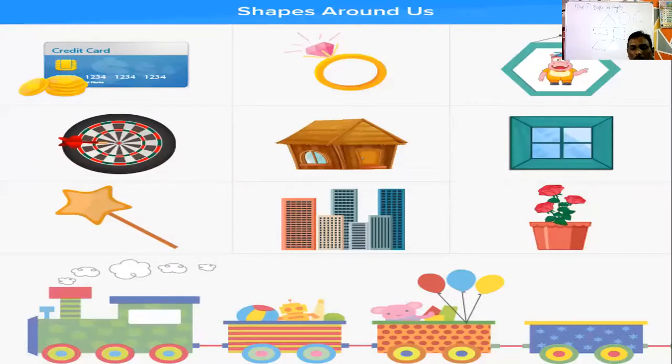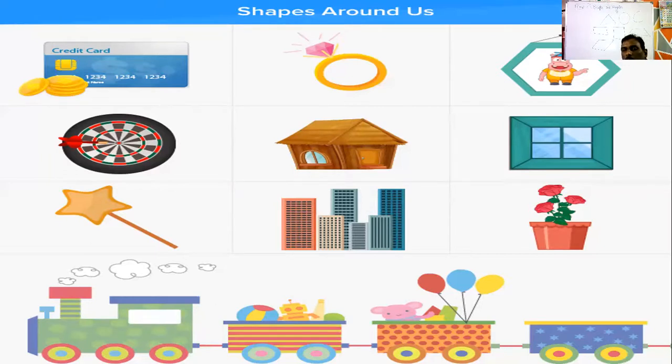See, in day-to-day life, the different shapes we discuss: the credit card or ATM card or debit card, which is in the form of a rectangle. Ring, circular photo frames. All this window, house. If you look at the topmost part of the house, you can see the triangle there.